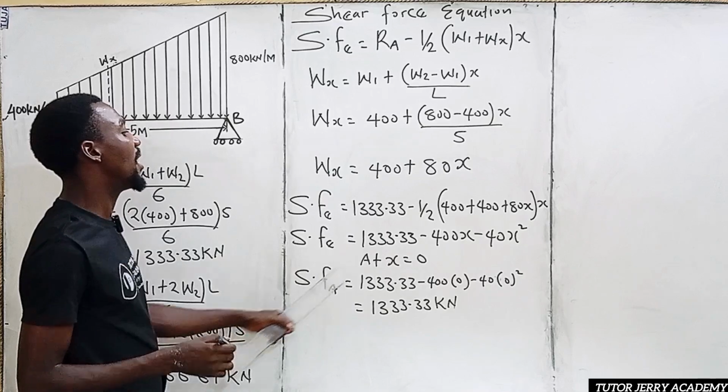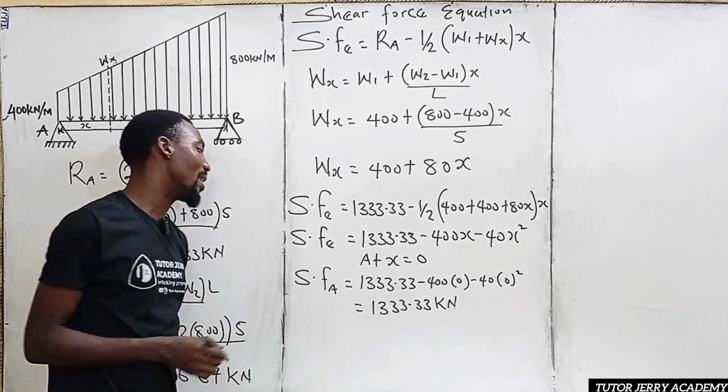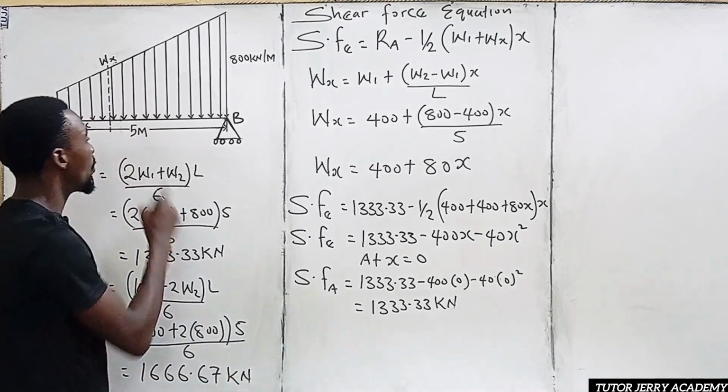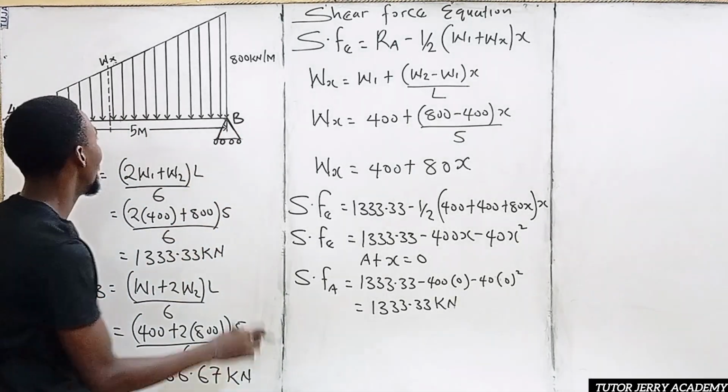So at S equals 0, the shear force at point A is 1333.33.